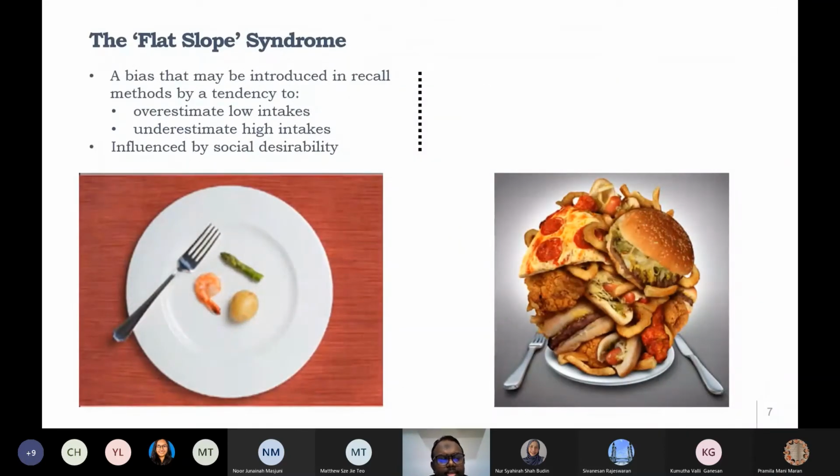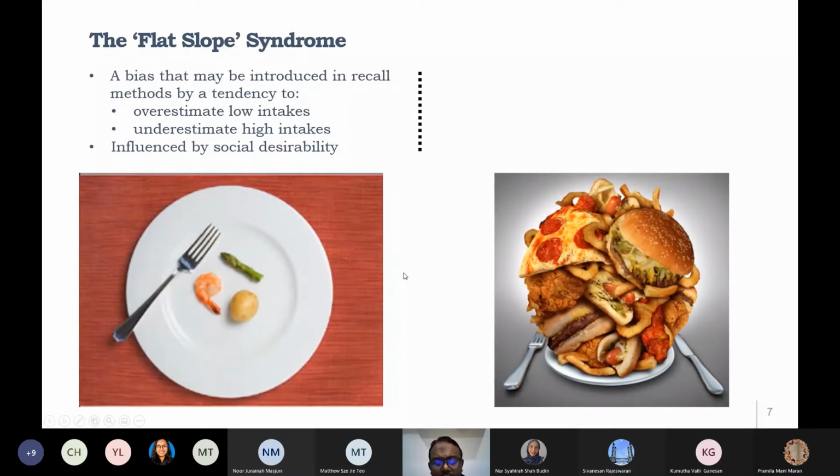So the fourth one is the flat slope syndrome. This is a bias that may be introduced during recall by the tendency to overestimate low intakes and underestimate high intakes. So a person might consume a very little food, but they think that they already consume a lot.